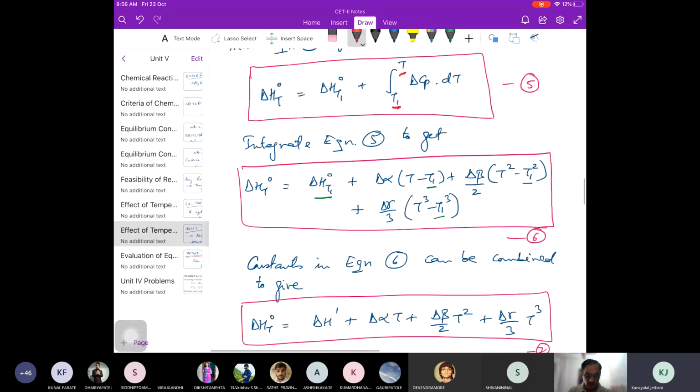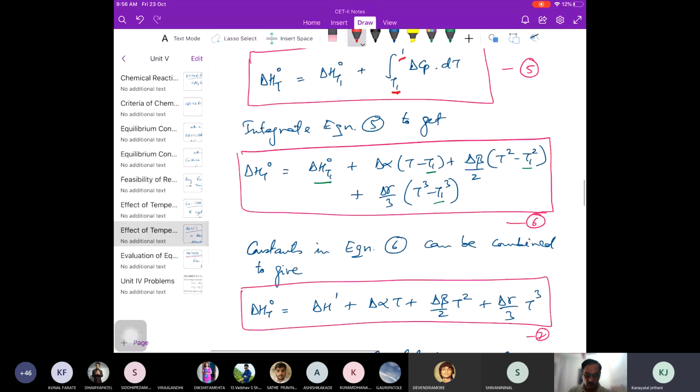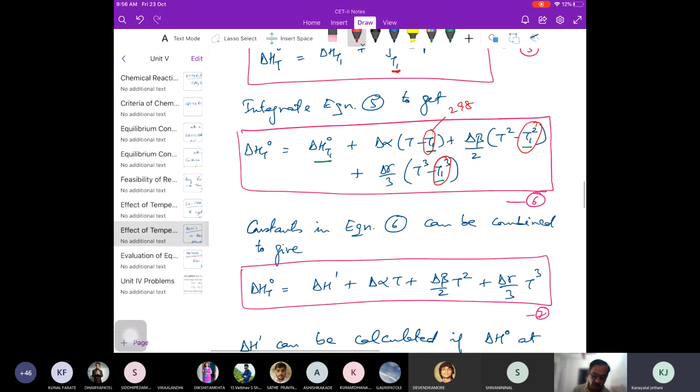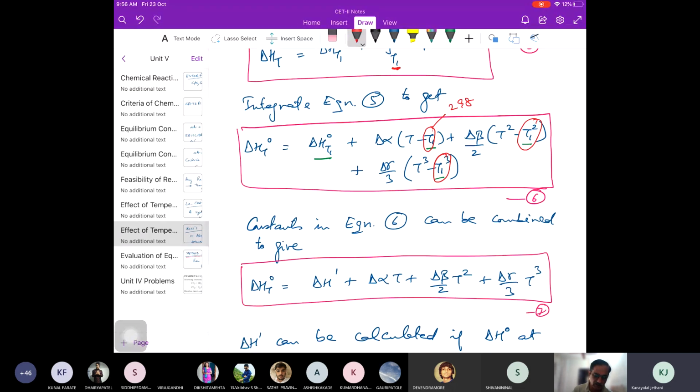Okay. So then if you look at equation 6, T1 is a constant, right? 298 is also constant, right? So you can combine all these terms into another constant, delta H prime, combined with this one, which is also constant.